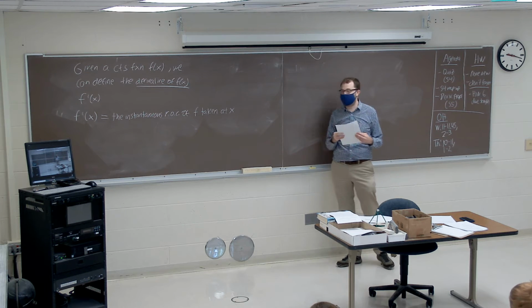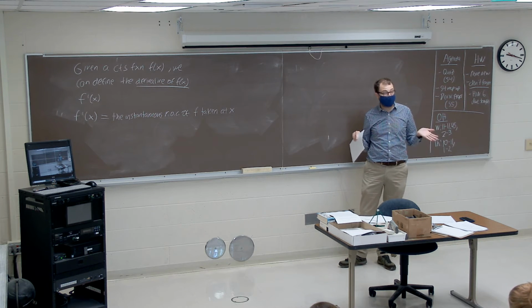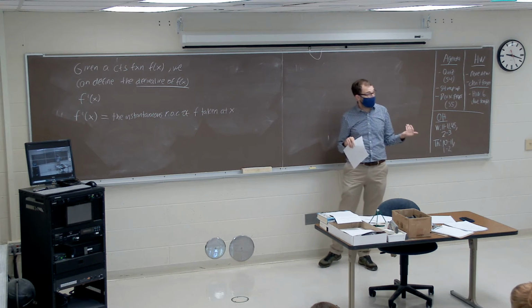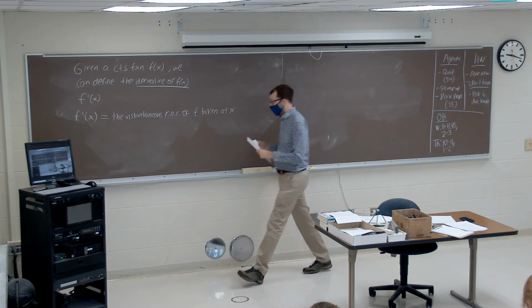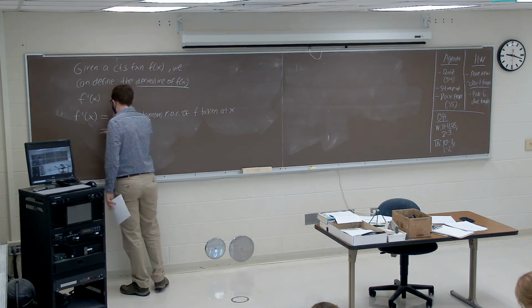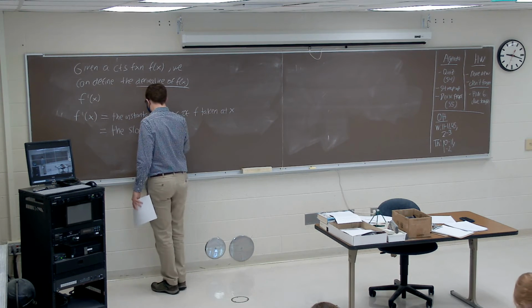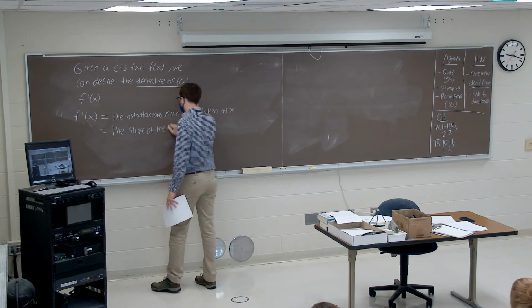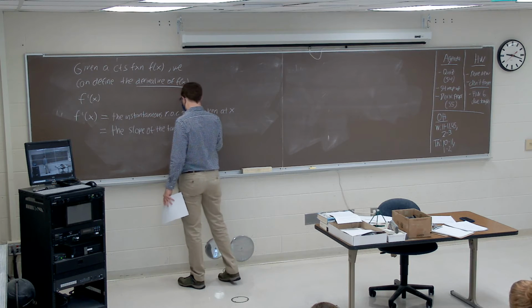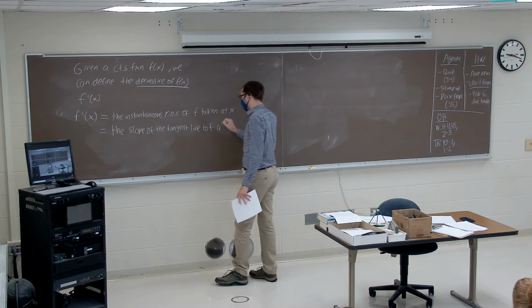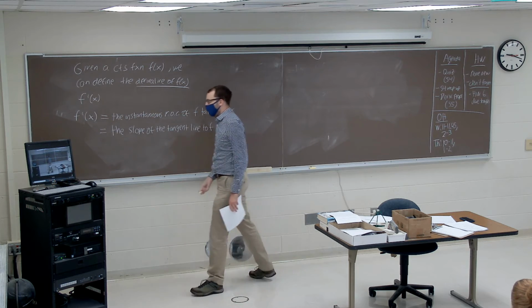So f prime of 3, find the slope, the instantaneous rate of change at 3. F prime of negative 10, instantaneous rate of change at negative 10. As we've seen, this is equal to the slope of the tangent line to f, taken at whatever point x.